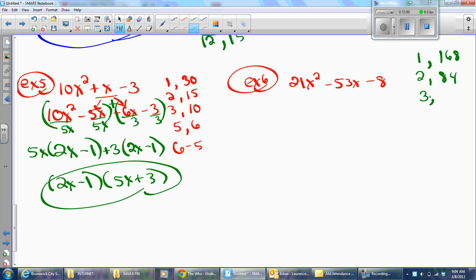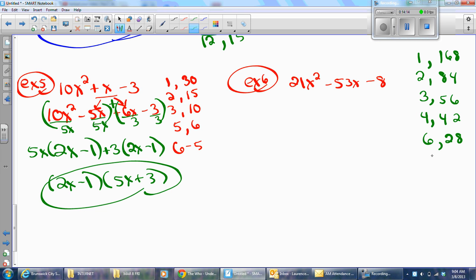Let's see, 168. It's going to go in as 56, 3 times. 56. Yeah, that's right. Okay, 4 should go in. 42 times 4. 5 will not go in. 6 should go in. If I cut that 56 in half, I'm going to get 28.